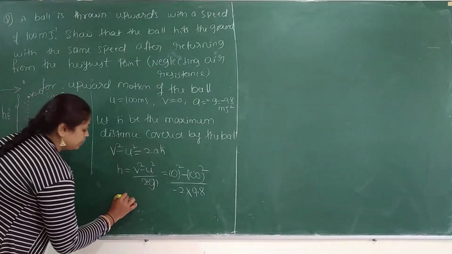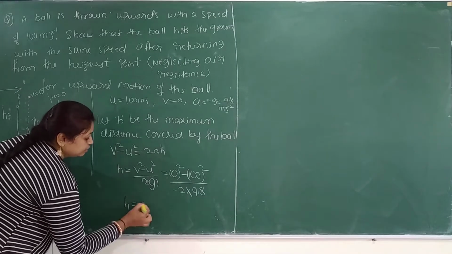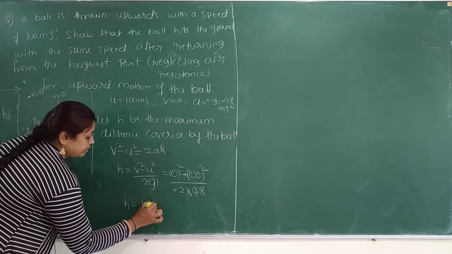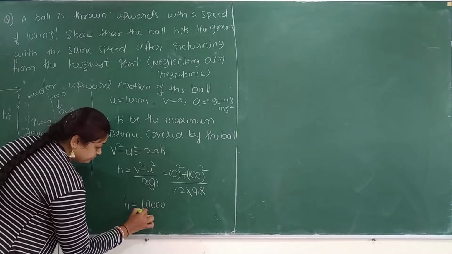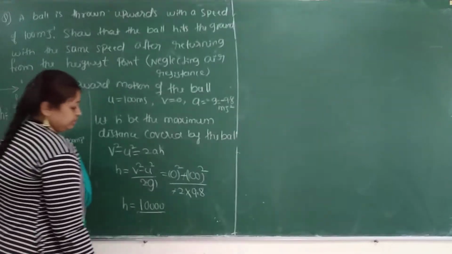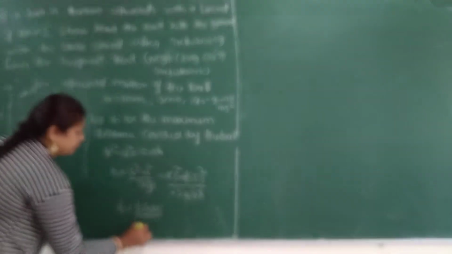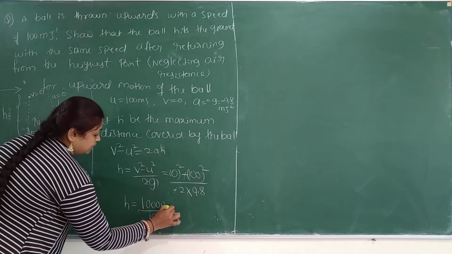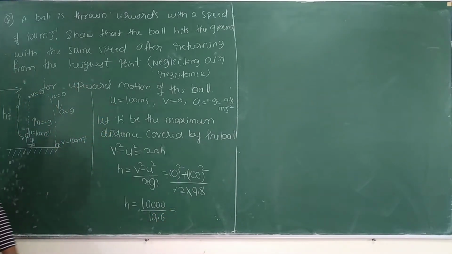Then h value will be, so this minus and this minus cancel. This will be 10,000 divided by 9.8 into 2, which is 19.6. If you divide, you will get the answer. 10,000 divided by 19.6.